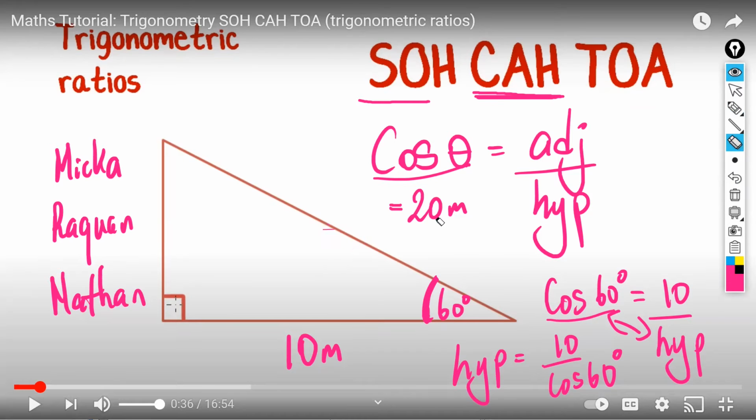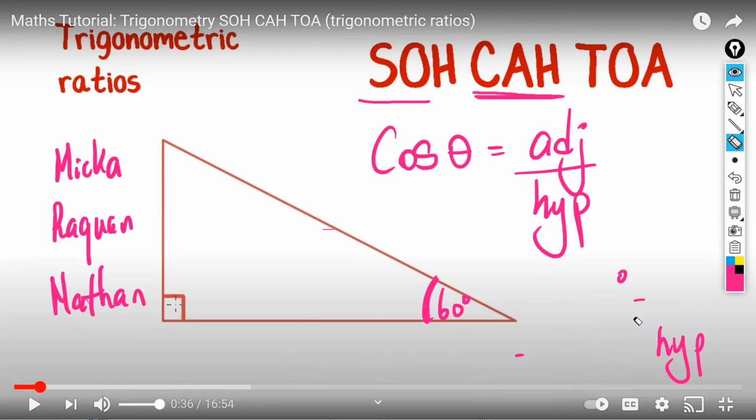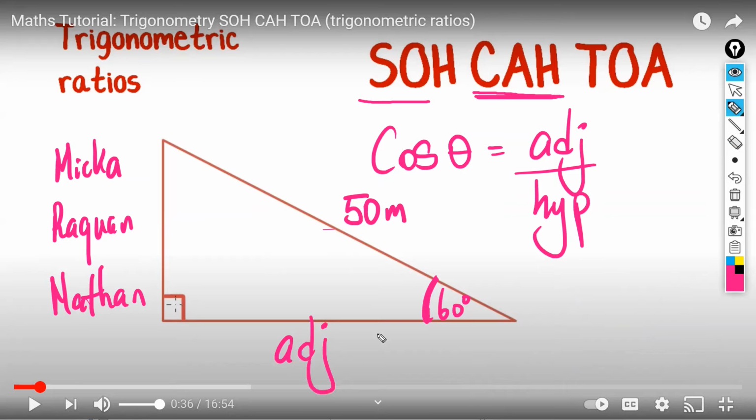The only difference is now, guys, we're using the same cosine formula, but I'm going to ask you guys to find the adjacent side this time. So let's say here is 50 meters. How much would the adjacent side be using the same formula? Cos of the angle is equal to the adjacent over the hypotenuse. We have the hypotenuse, but we don't have the adjacent side. So Raquan, Nathan, and Michaela, find the adjacent side with this formula.